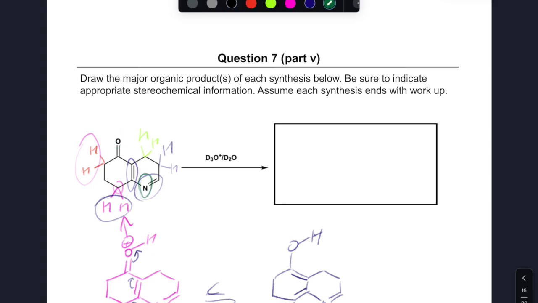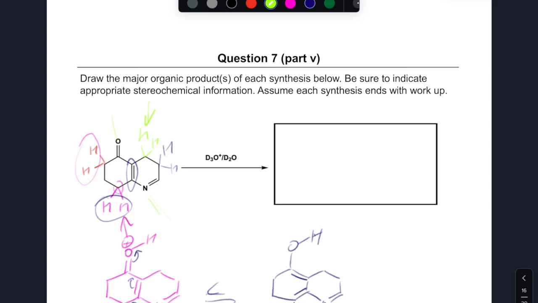All those are possible in terms of your alpha-beta exchange sites. However, these 2 are not available. Protonating at either the oxygen or the nitrogen, as we've drawn over here, there's no way to pull these protons by how the pattern of our double bonds is, or to stabilize either a positive or negative charge. These are not in the right position for the resonance structures that we're dealing with. So these do not exchange effectively.